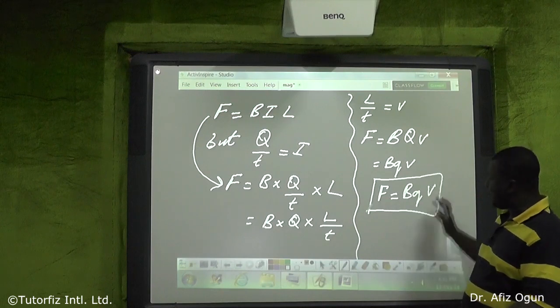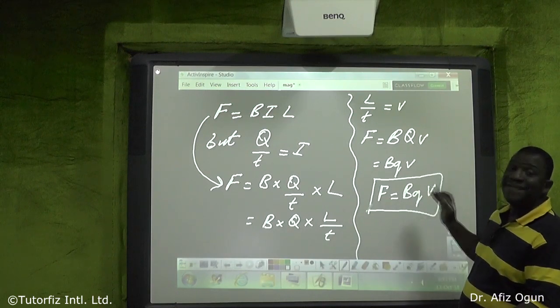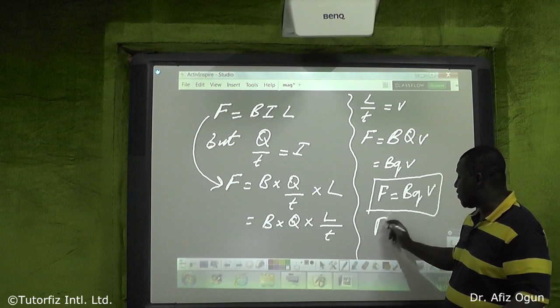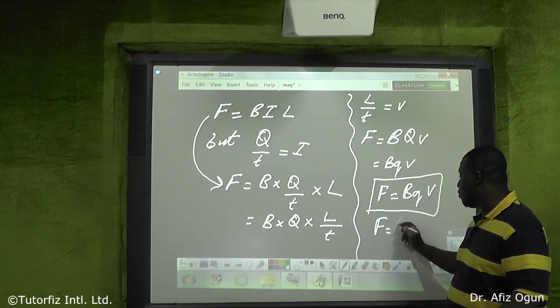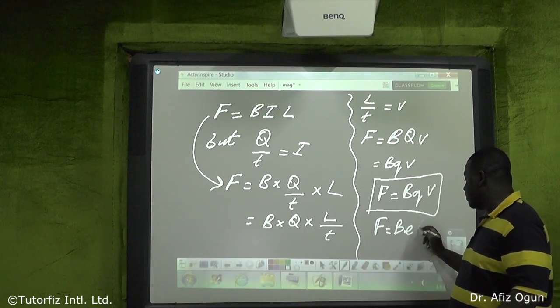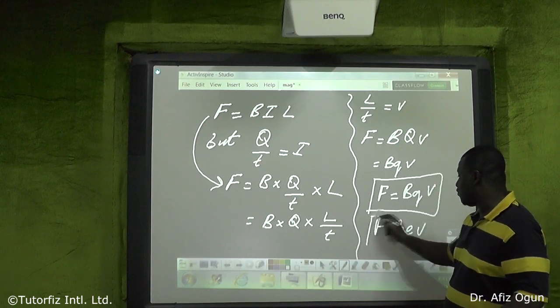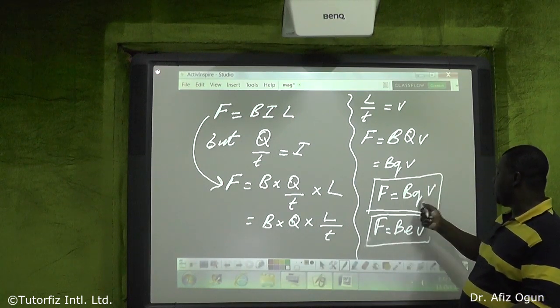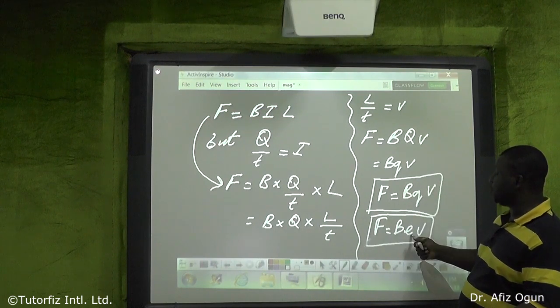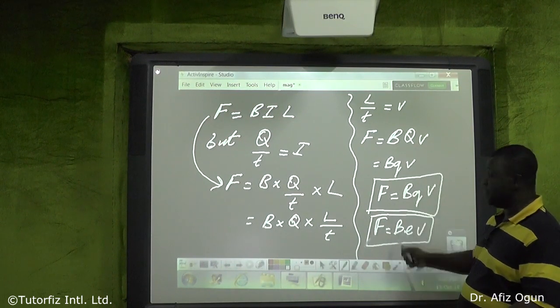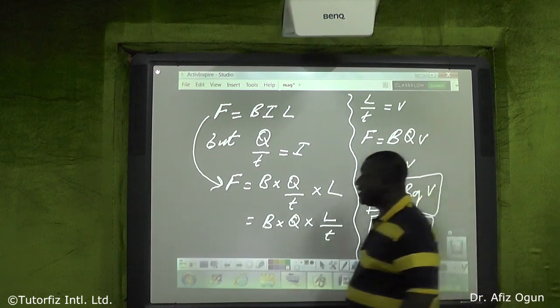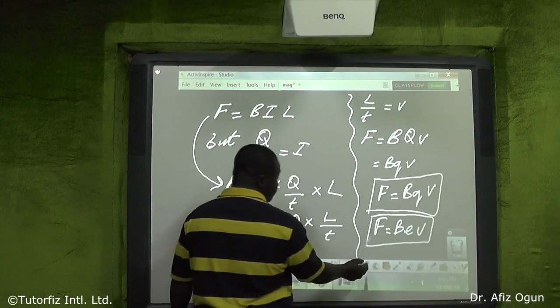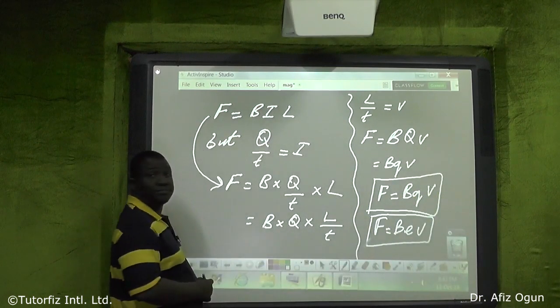Now that we have seen this, what if that charge is an electron? Then F becomes equal to BeV. So you can also see this. V is the speed, Q or e the magnitude of the charge on the particle, and B the magnetic field. I hope you have written this down.